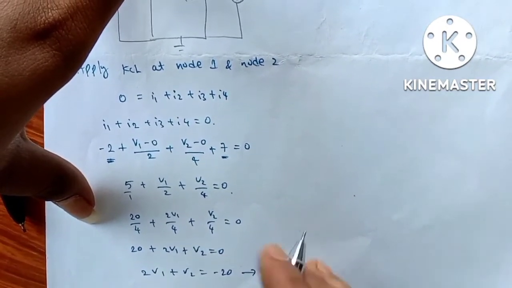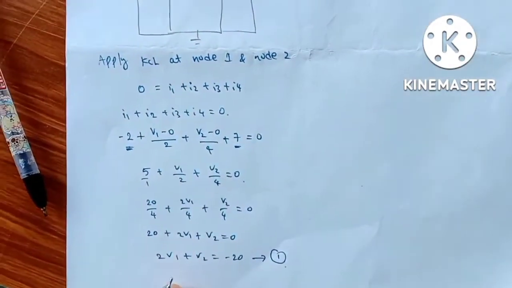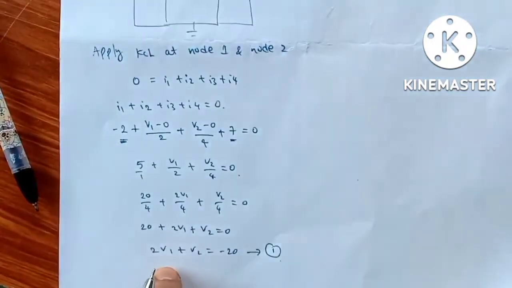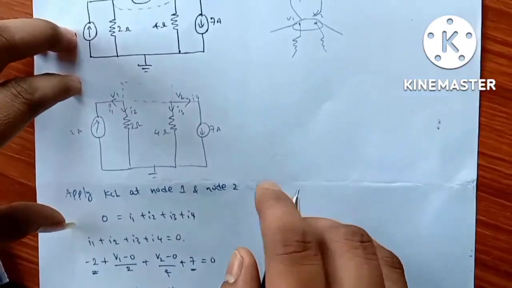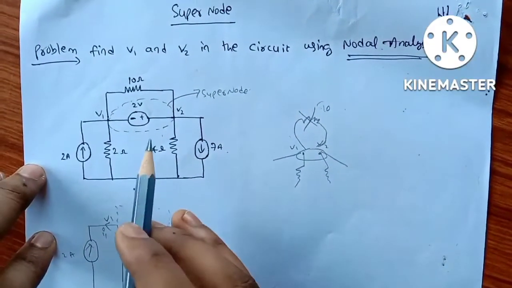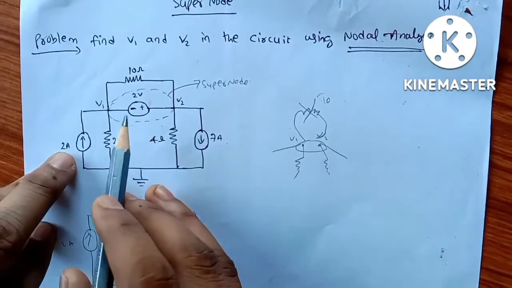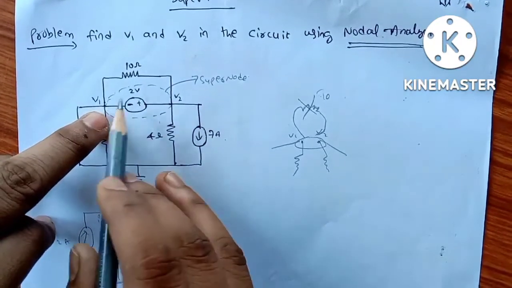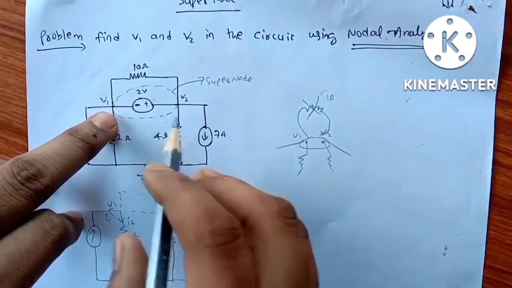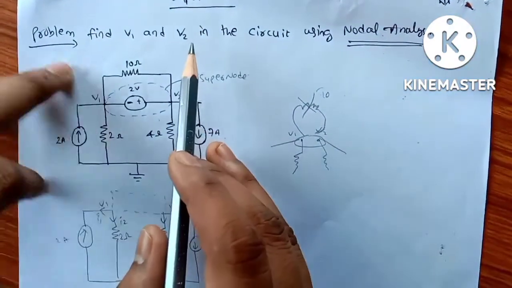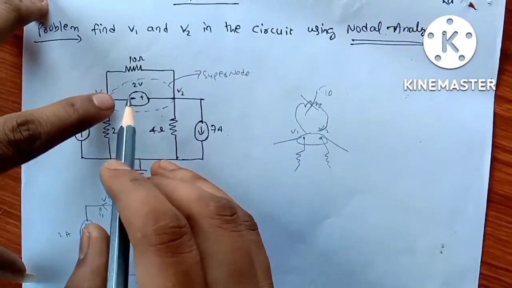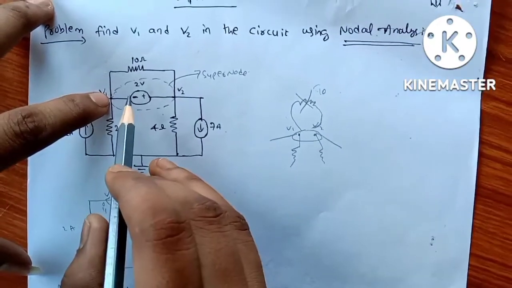To solve this equation, we need one more equation in V1 and V2. So we are considering this voltage source. Now it's in the supernode, so we have to use a KVL equation on this supernode.